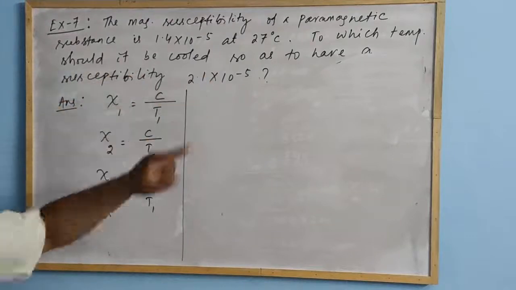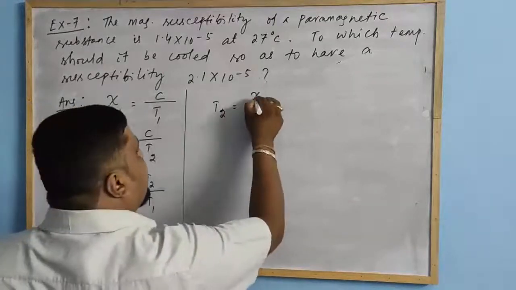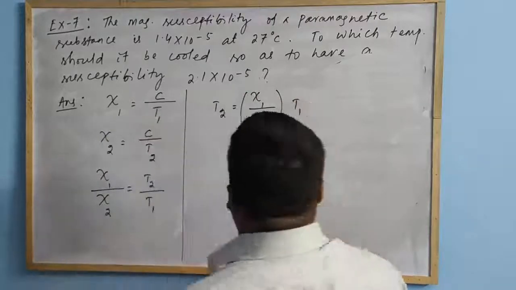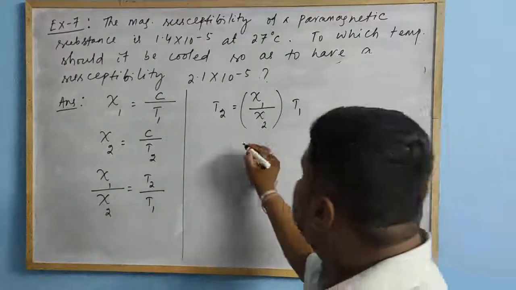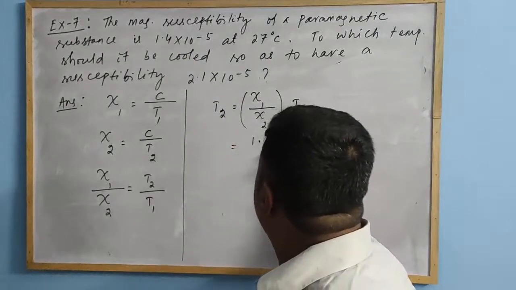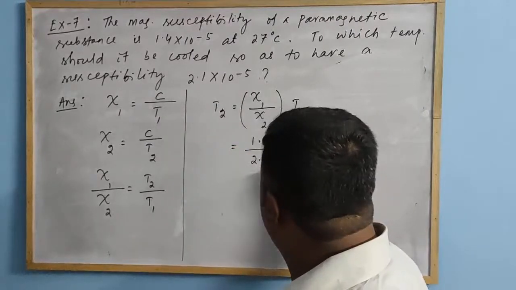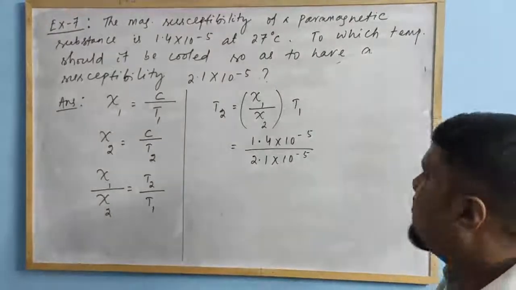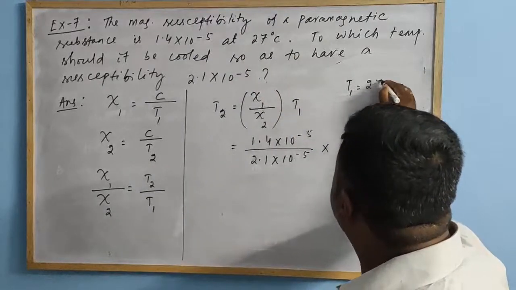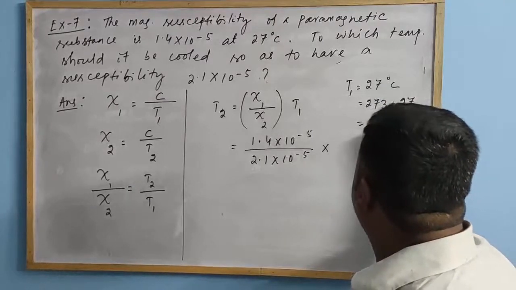So T2 is equal to Chi1 by Chi2 into T1. This is equal to initially 1.4 into 10 to the power minus 5, to get a susceptibility of how much? 2.1 into 10 to the power minus 5, into T1 at 27 degrees centigrade. 27 degrees centigrade means 273 plus 27, that is equal to 300 Kelvin.